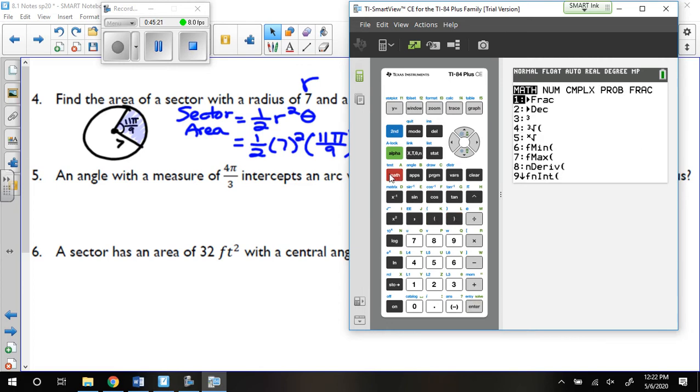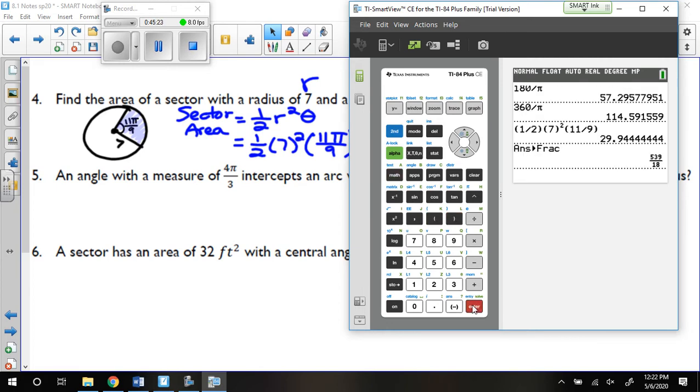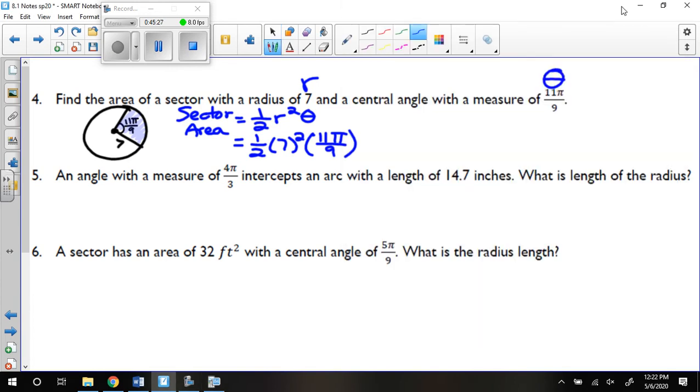Okay, let me change that to a fraction. Got 539 over 18. Okay, so this is 539 over 18 pi.